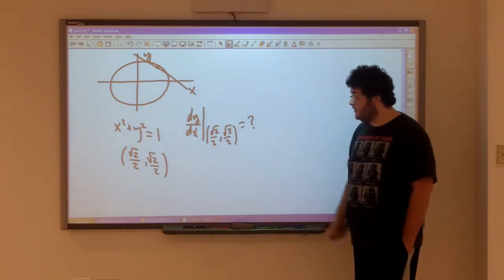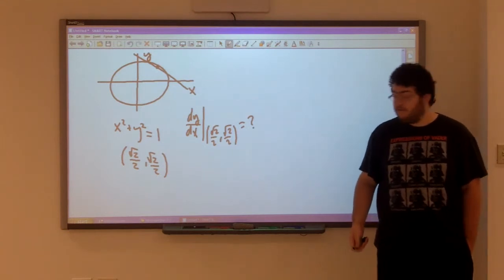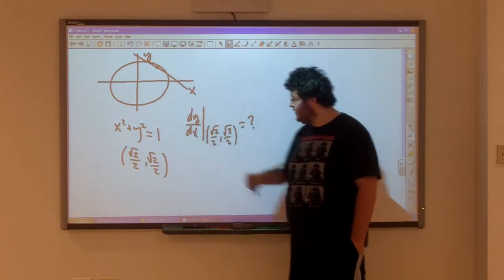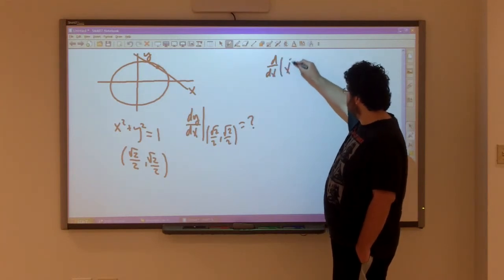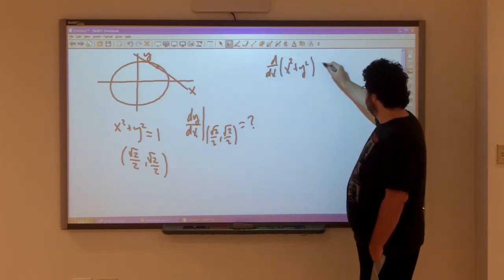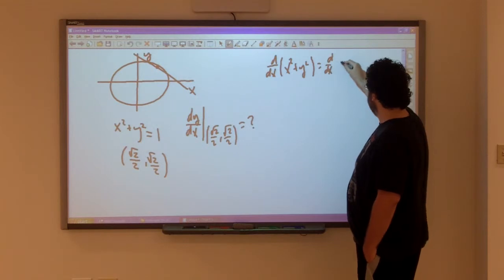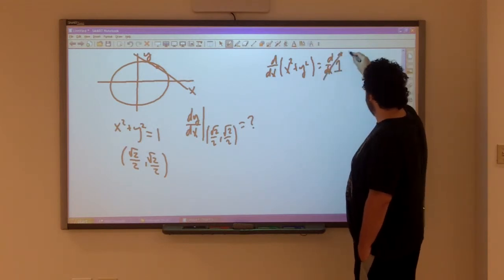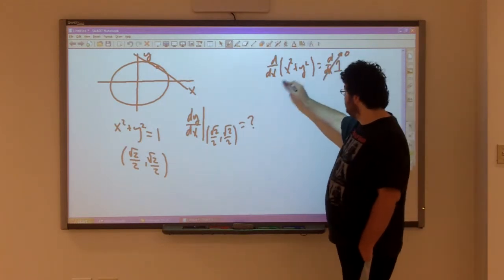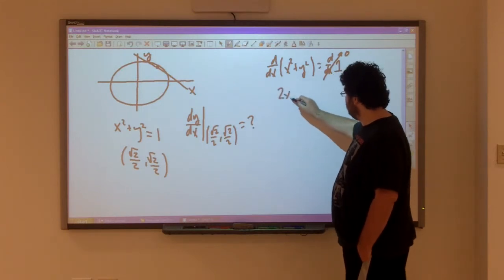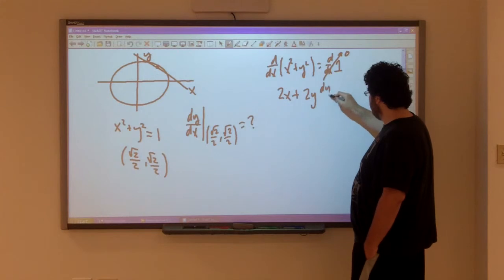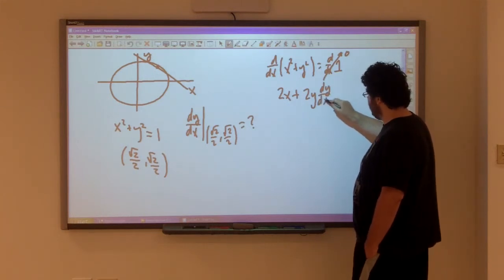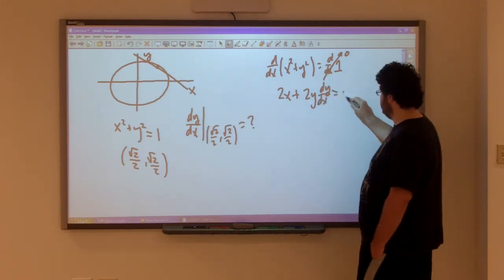Okay, so in order to do this, let's find dy/dx. We'll just take the derivative of both sides of this. So we have the derivative of x squared plus y squared equals the derivative of 1. Well, the derivative of 1 is 0, so the derivative of this part is 2x plus 2y dy/dx from our chain rule equals 0.